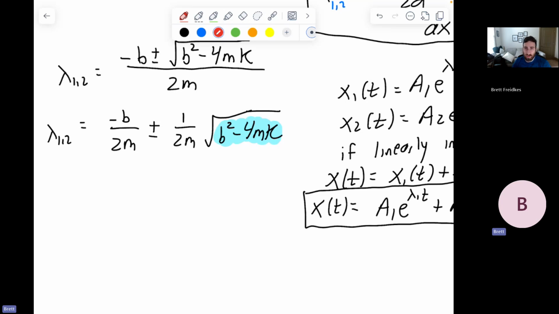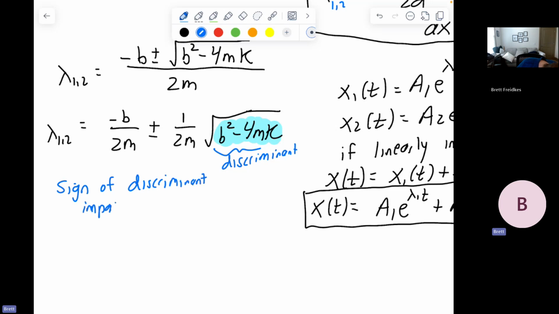And taking the square root of those different types has implications on the solution. So this thing in blue is called the discriminant, which you might have heard of in your high school algebra class. And the sign of the discriminant impacts the solution.